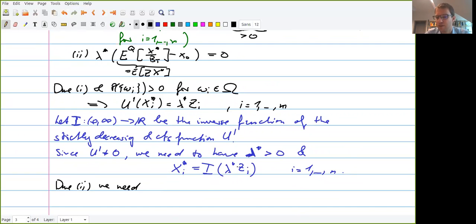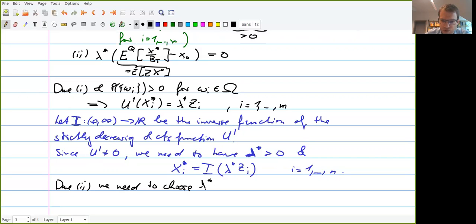So if we have a lambda star, we are done. So we need to find lambda star so that the second condition is fulfilled.